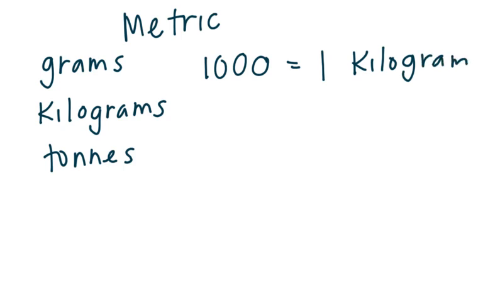That is one of the very nice things about the metric system, it's all in units of 10, where it's a little more confusing when we're talking about ounces, because there's 16 ounces in a pound. The metric system is all units of 10. So there's 1,000 grams for 1 kilogram and 1,000 kilograms for 1 ton.